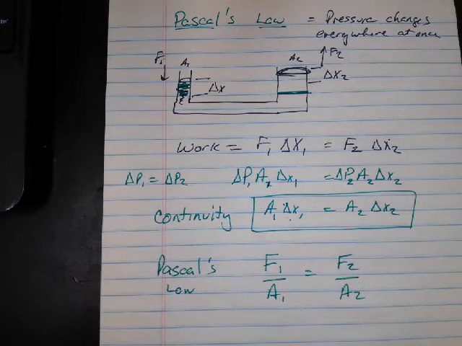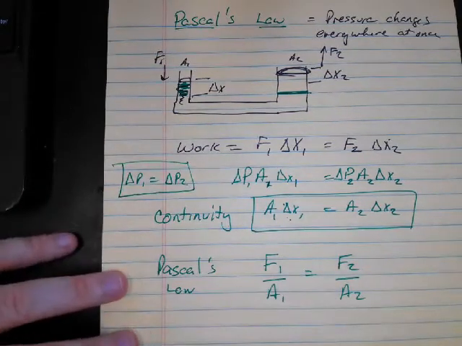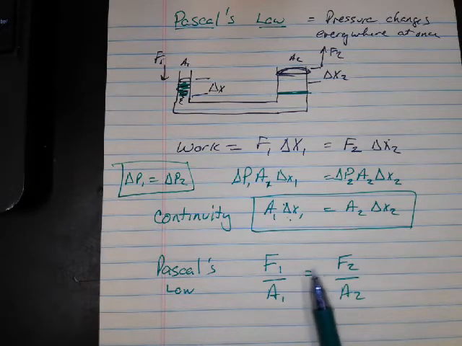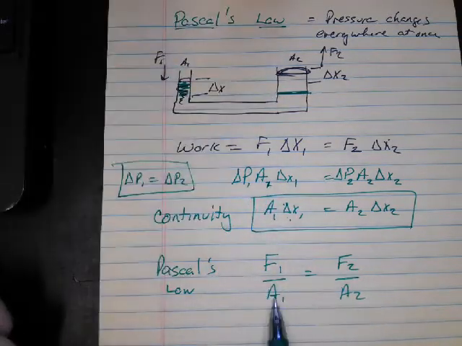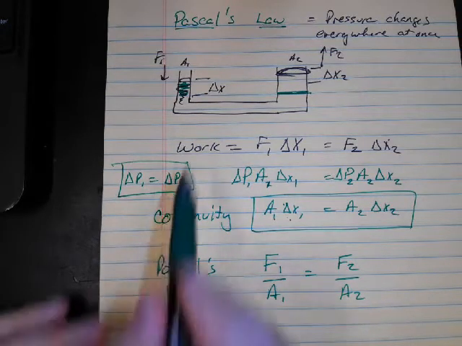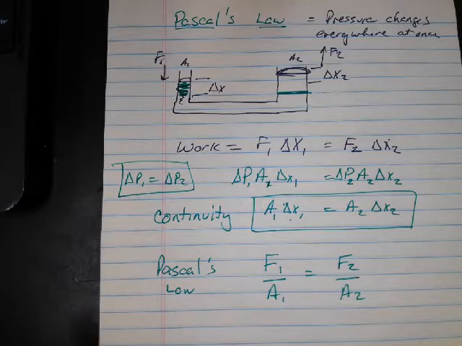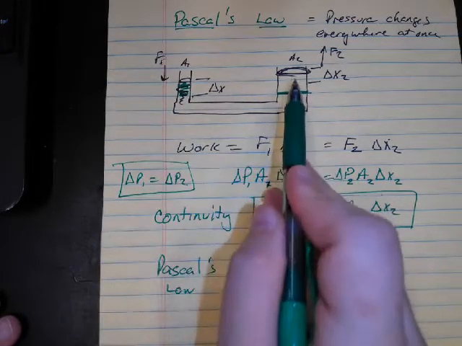And that's just saying that the pressure changes are constant. This is saying that statement. So anytime you have a problem with basically two pistons, one moving down and one moving up, this is what's going on. You have a fluid that's flowing, but we're not considering the speed of it moving. We're just considering that it moved and then it stopped again.